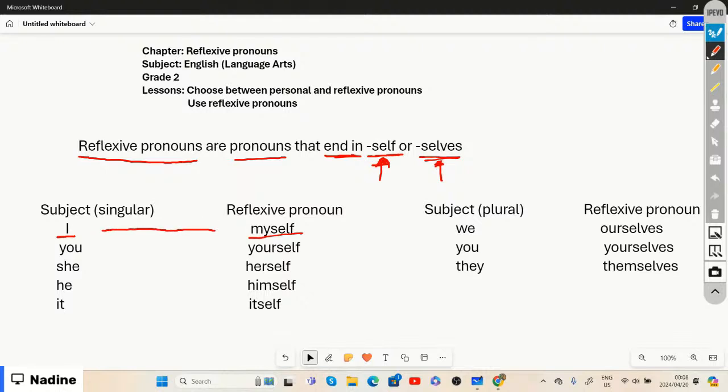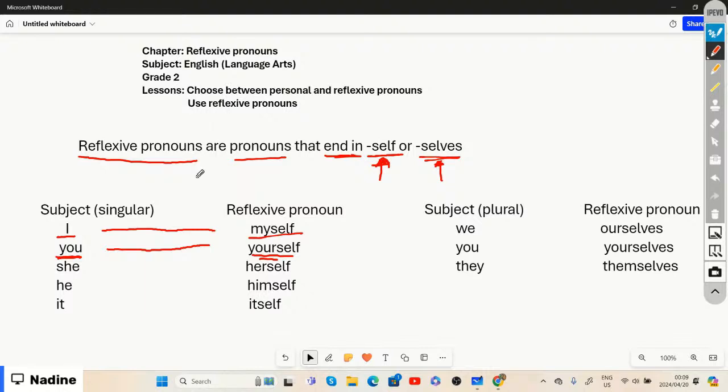Then if you're talking about the singular subject you, the reflexive pronoun is yourself. So I refers to myself, you refers to yourself.